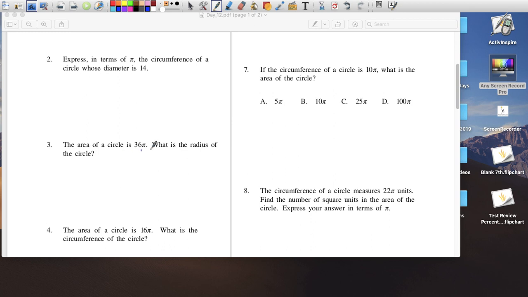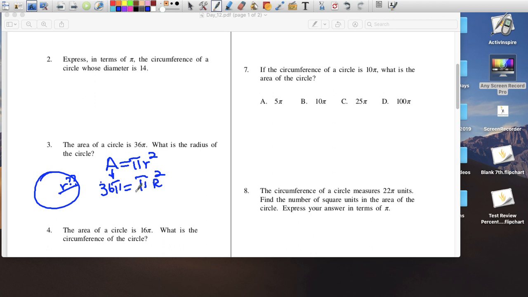3. Area, they give us the area, 36 pi, and they're asking for the radius. So A equals pi r squared is our formula. I have a circle, and this is the radius, that's my question mark. I don't know what it is. So area is 36 pi, so under A, I'll write 36 pi. On this side, it's just pi r squared. Didn't I just do this problem?